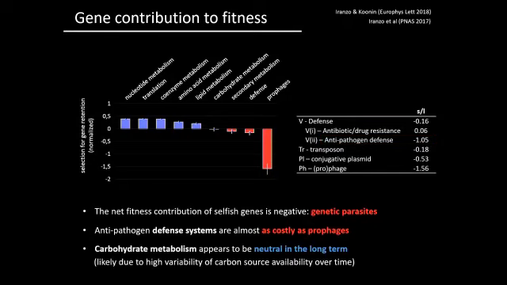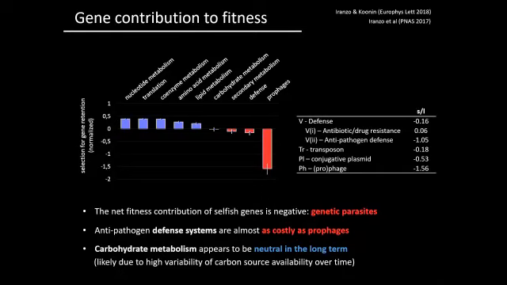We also found that functions that a priori could seem beneficial, like carbohydrate metabolism, genes that help you process food in the environment, are overall neutral in the long term. You see it's almost zero, which probably means that having those genes is useful, for example, having a gene that allows you to metabolize fructose is useful if you have fructose in the environment, but if you don't have fructose, it's probably costly.